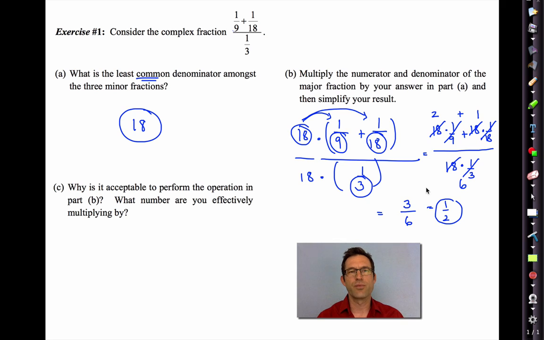Letter C is important, because you don't want to just learn this as, oh yeah, just do this, memorize it. Letter C says, why is it acceptable to perform the operation in part B? What number are you effectively multiplying by?